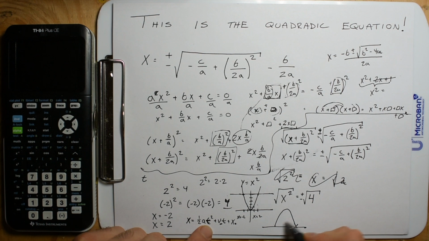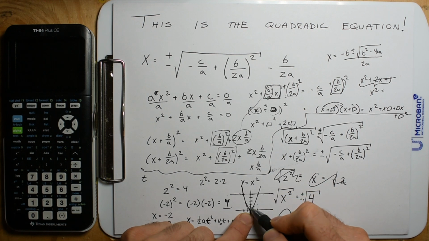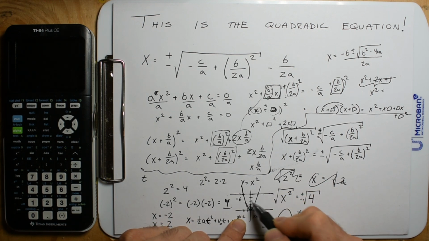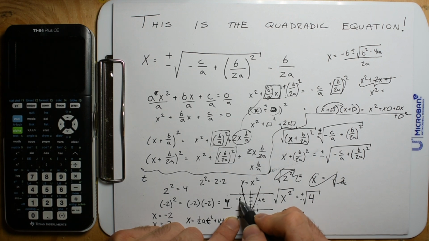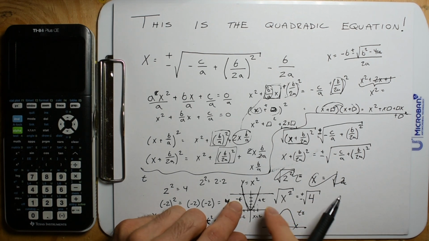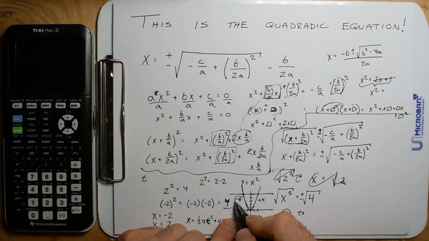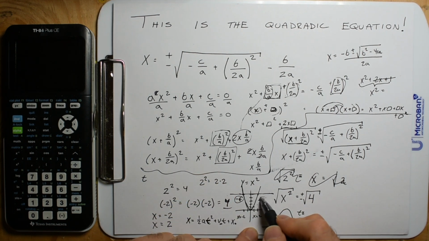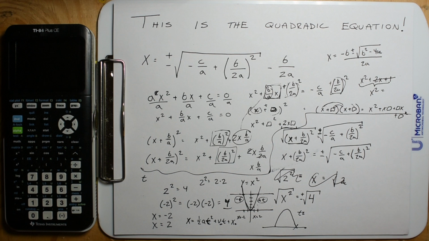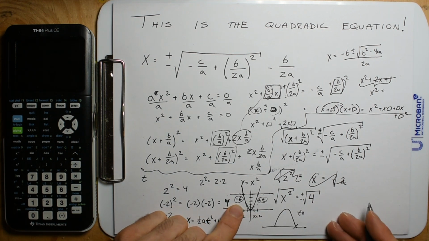But just the nature of it, you're going to have 2 solutions. One's going to be a positive time, and one's going to be a negative time. These aren't going to be the same, and the negative time will just be nonsensical. So you'll only really have one true solution in that regard. So heck yeah.